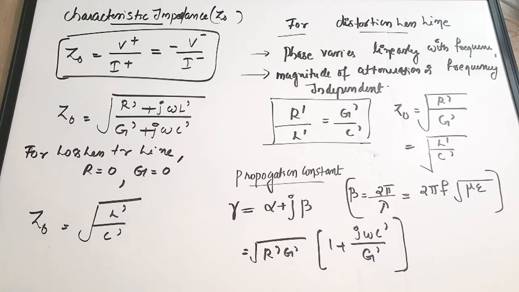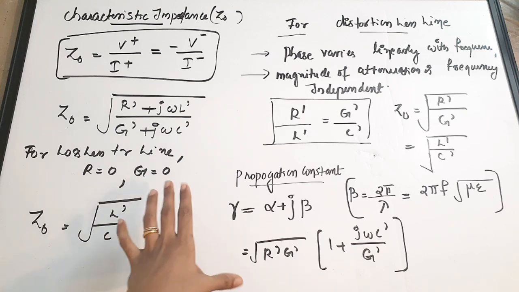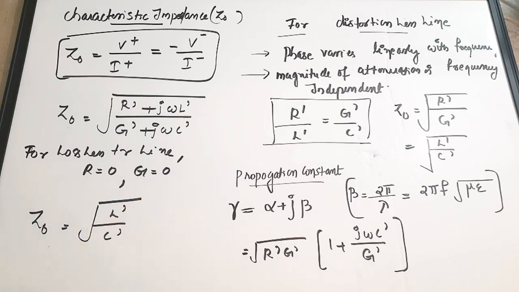Okay, next we are going to discuss very important concepts: characteristic impedance and propagation constant. First we'll see about characteristic impedance. Now what is the characteristic impedance of a transmission line?